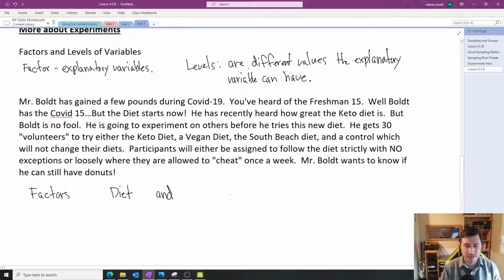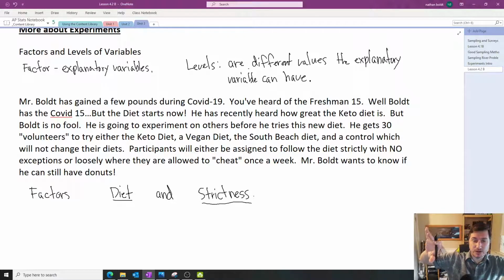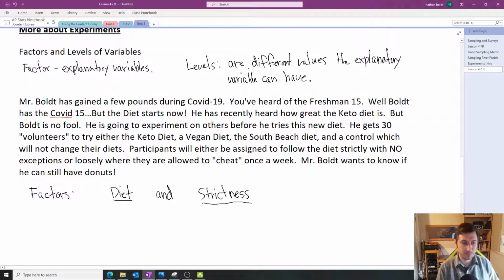Okay, so that would be how strict do they have to follow this diet? I don't know, is strictness a word? That's kind of hard to pick out the two variables. The two things I am changing here are what diet you're having and how strict do you have to follow that diet. Those are my two factors. Those are my two explanatory variables.